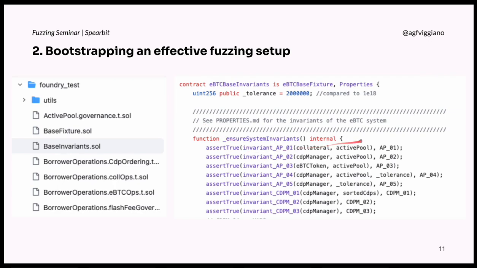So it's just a matter of crafting the contracts in a way that you are using the same properties everywhere. And this is interesting because when I started working together with eBTC, the protocol already had many Foundry fuzz tests implemented and some Echidna invariants implemented, but they wanted to improve the coverage of their invariant tests. And we did this refactor to also use the same invariants everywhere.